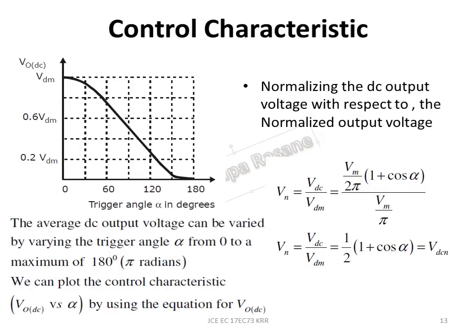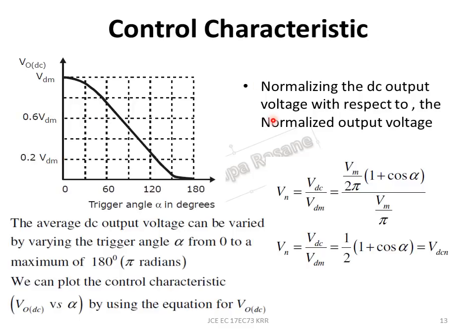Here we can see from this graph that as alpha increases, the output voltage will start to decrease. And if you see at 50%, that is when alpha is 90 degrees, you will get about 50% of the output voltage.